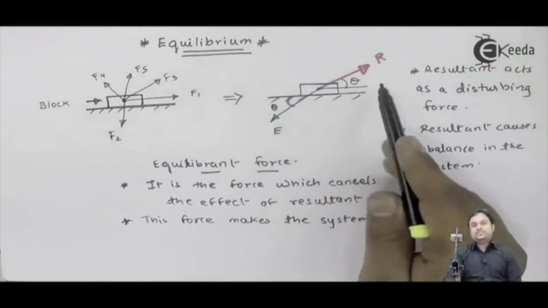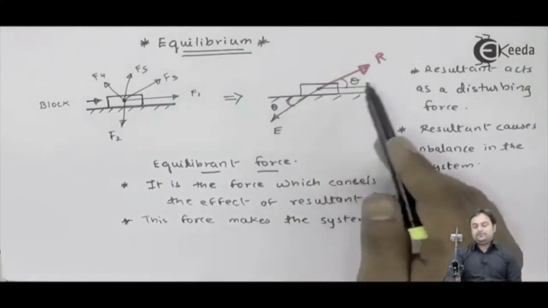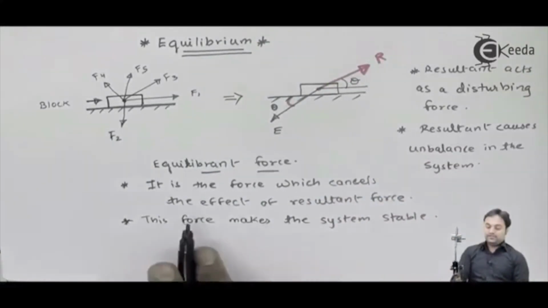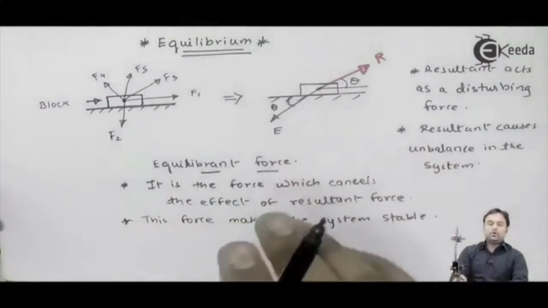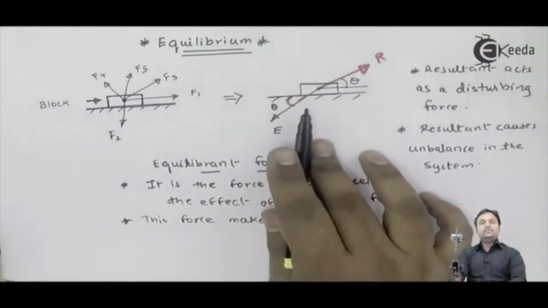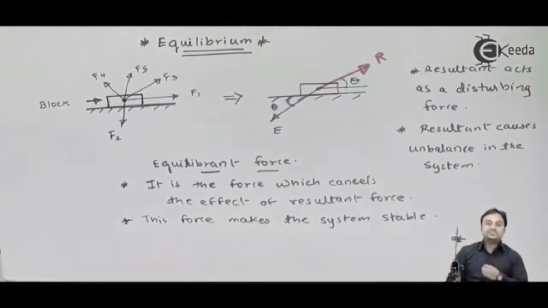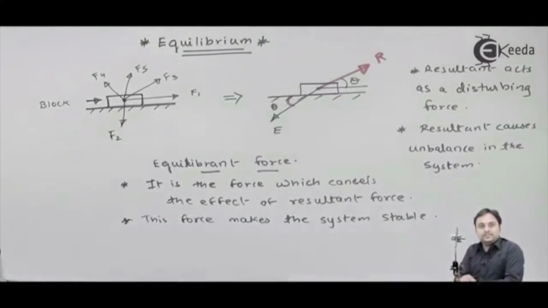If both the values are same, and since the nature is different, you can say equilibrant will cancel out the resultant force. Next, because of resultant, this block was moving, it was disturbed. Because of equilibrant force, that block would be brought to its initial state. It means equilibrium force acts as a stable force, which makes a system of forces stable.